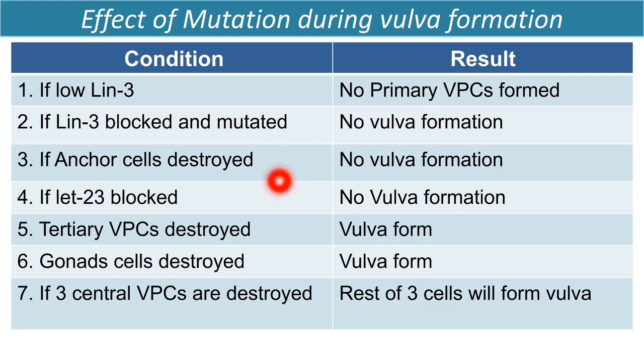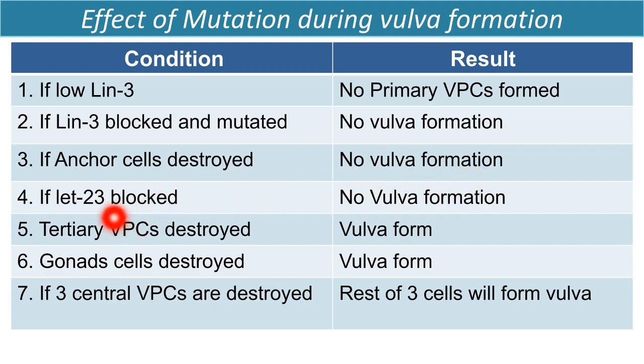Now the third case, that is if anchor cells are destroyed. In this case all 6 VPCs will form hypodermis, because as we have studied, the anchor cell acts as an inducer which secretes Lin-3 protein, due to which primary and secondary VPCs develop. So in the absence of the anchor cell, all the VPCs will develop hypodermis and there will be no vulva formation.